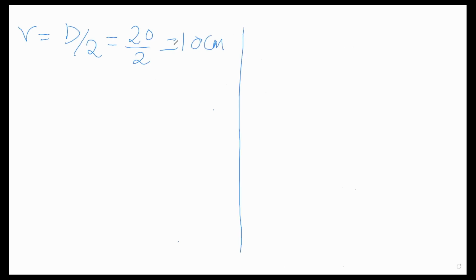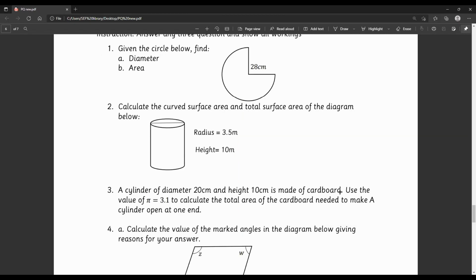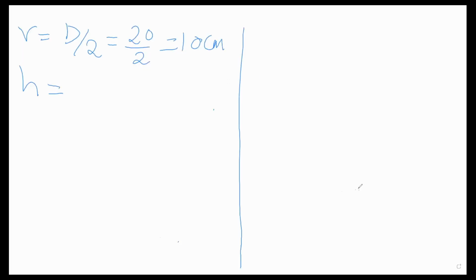So that is the value of our radius. The height is given to be equal to 10 centimeter, correct? So that's the value of the height.